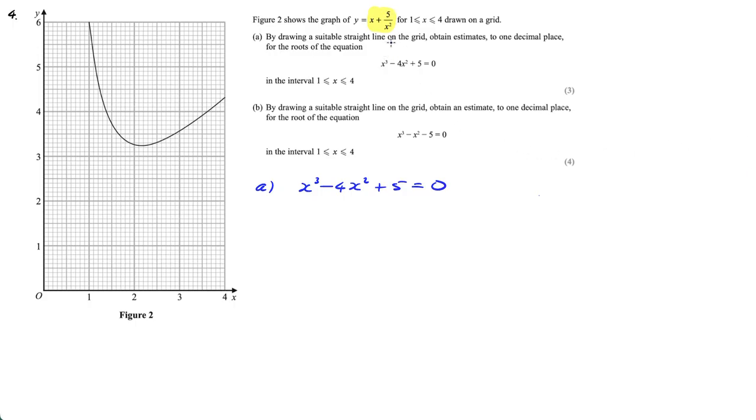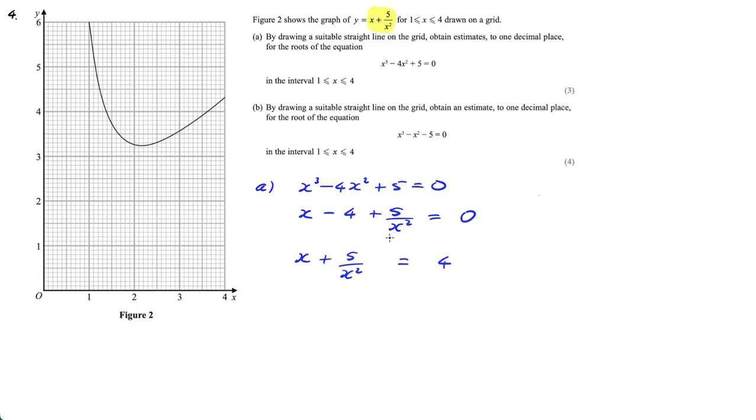Well, my first thought, because he's got a 5 over x squared, is just divide by x squared. I'll divide both sides by x squared. That will give me x minus 4 plus 5 over x squared equals 0 over x squared, which is 0. And then, what do I have here that isn't there? Well, there's a minus 4. So I just add the 4.